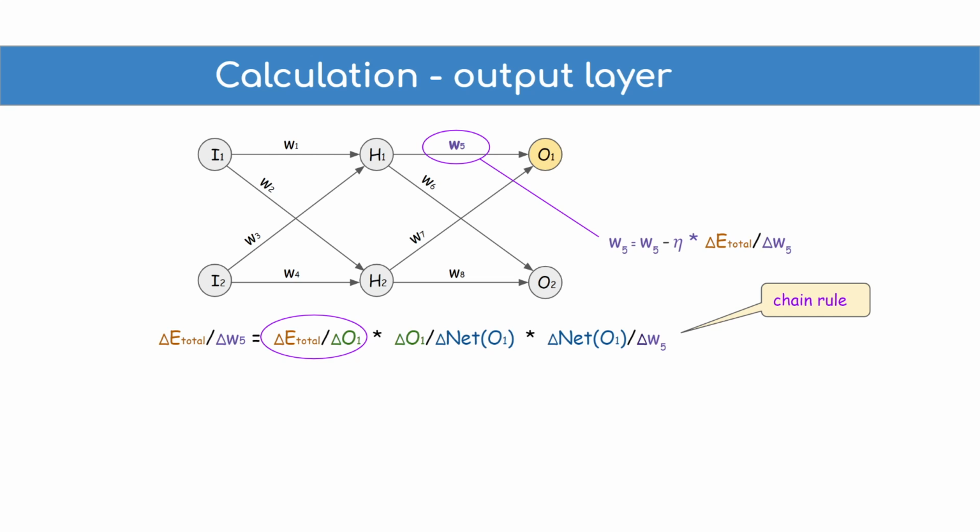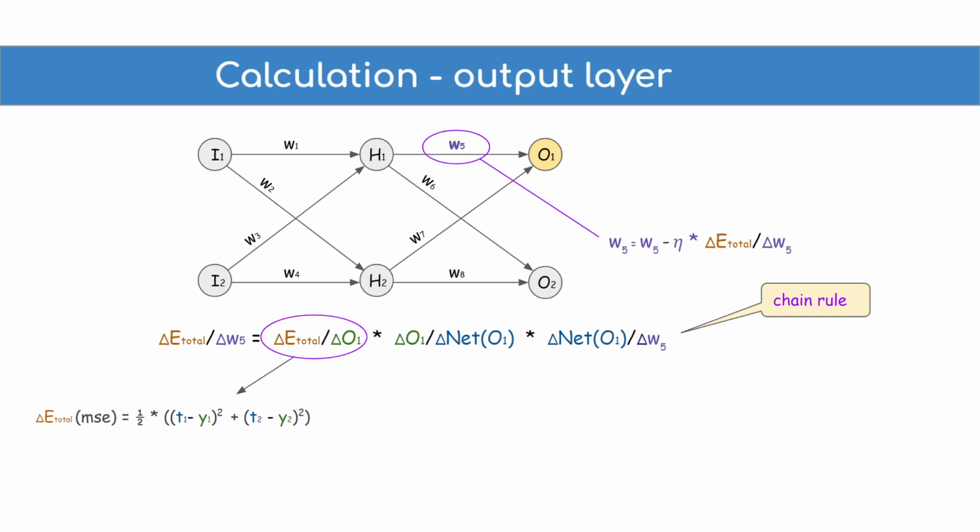Okay, now we are trying to break down the first component of this equation. So we know that our total error is the mean square error, and this is a polynomial.